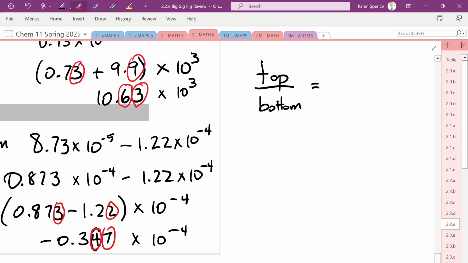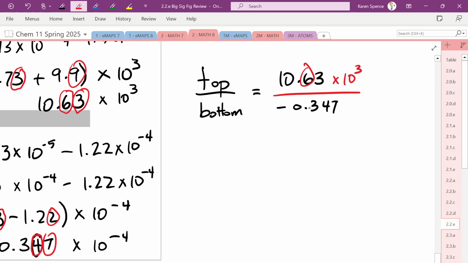Okay, so the top, we have 10.63, and my first uncertain digit is there, times 10 to the 3 over negative 0.347 times 10 to the negative 4.